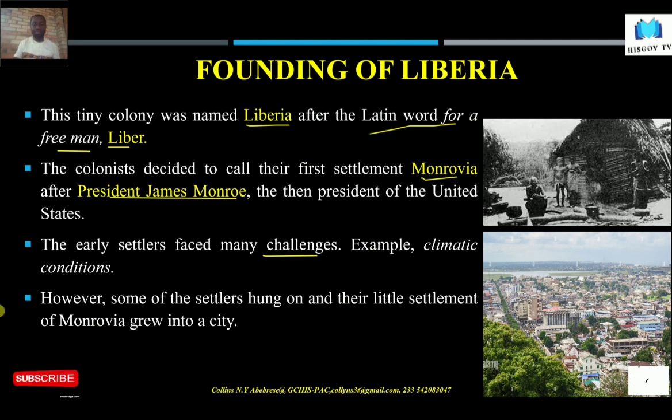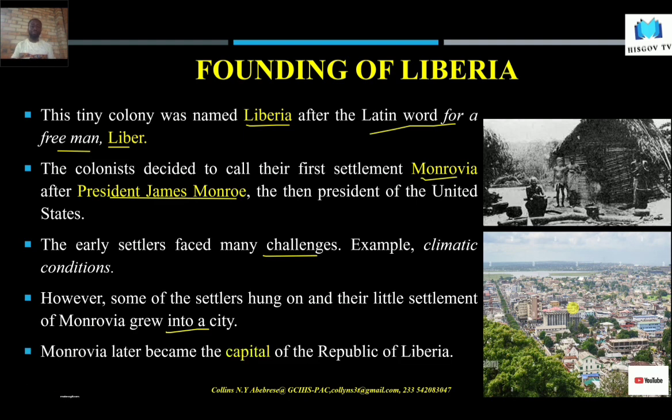And so some of them chose to settle there, and their little town or settlement grew and became a city. Okay, so this is the current city of Monrovia. And interestingly, this first colony later became the capital town of the Republic of Liberia.